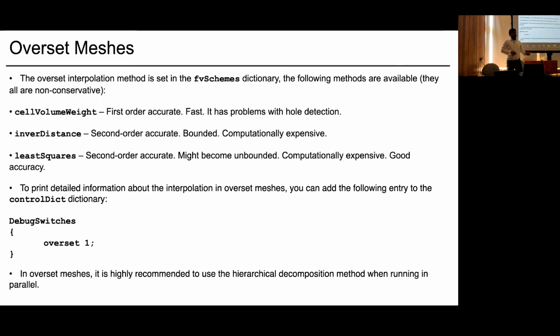Second is inverse distance, which is second order accurate and bounded, but it's expensive. And the third one is least square, which is very expensive, but the accuracy is quite good. And we can also debug which cells are computed and demarcated as holes, interpolated, and computed regions by toggling the debug switch overset 1 in the controlDict file.